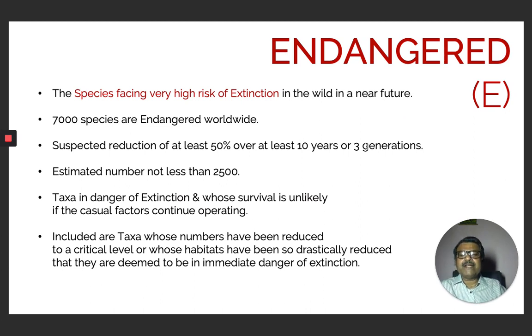And the survival of taxa depends on various factors, and if they are operating continuously, a species may get into the state of extinction. Various reasons for their extinction are critical, like habitat loss, which is one of the important reasons that species number reduces drastically, and there is an immediate danger of extinction.